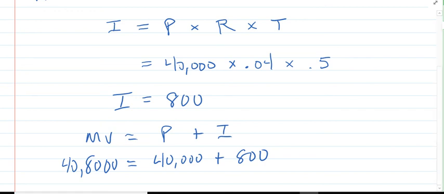And that is simple interest. We're not doing any kind of compounding. We're not doing any type of prorated things. We're not doing anything crazy. This is just pure, simple. Hey, I give you $40,000 at 4% for 6 months. This is what you would end up paying at the end of that term.